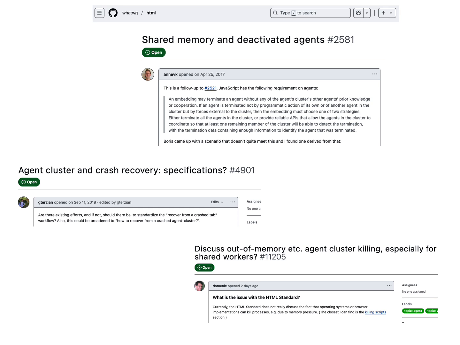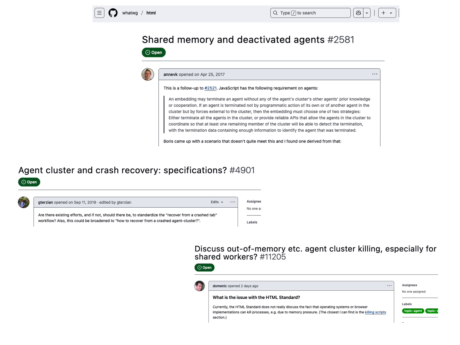But there's been a conversation on this WHATWG thread in the HTML repo going back to 2017, on 3 different bug threads, including a new bug thread as of a few days ago, about what the actual unit of computation is that needs to be aborted, what we're calling in this talk the minimal abortable unit of computation. And what these are discussing is, do we have to abort an entire agent cluster?